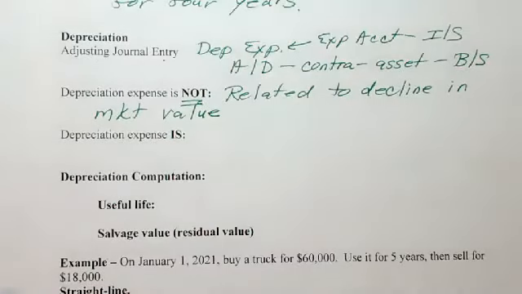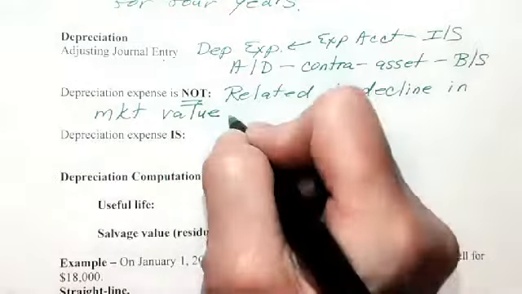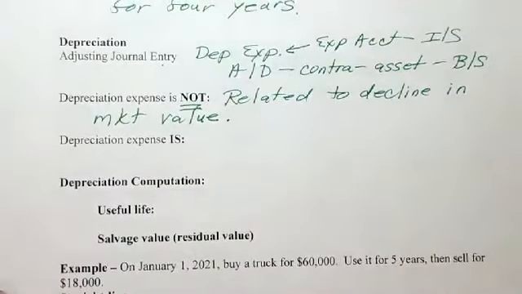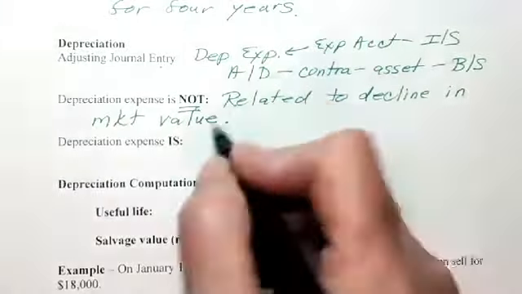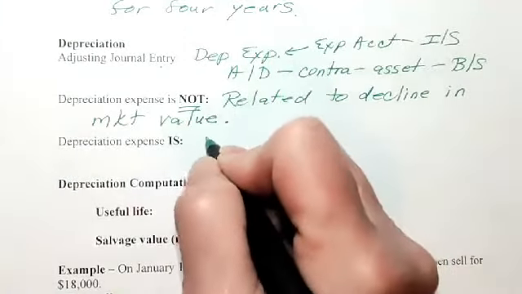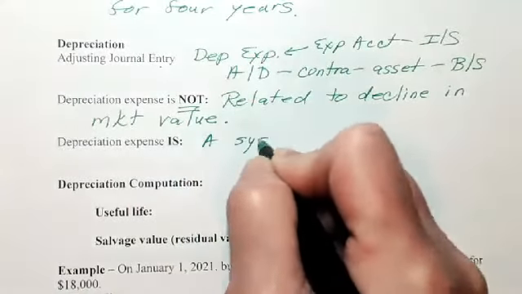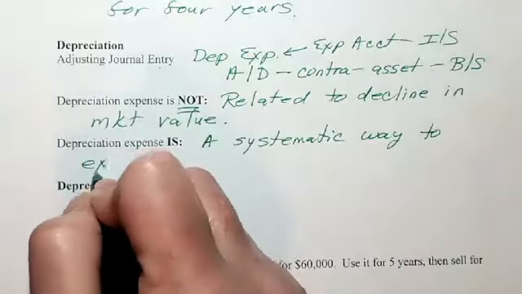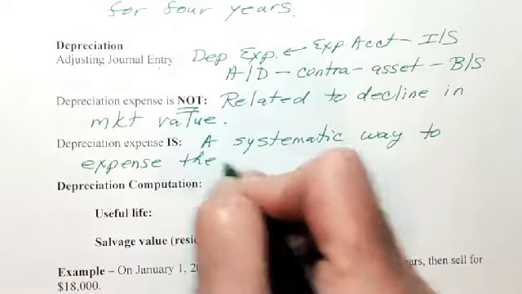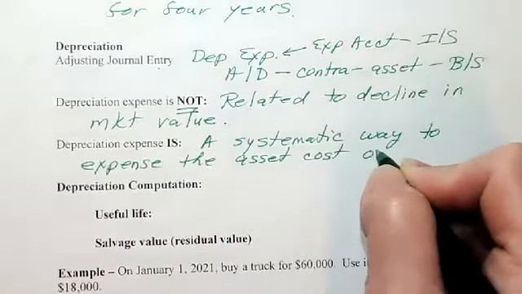It has nothing to do with when you drive your car off the lot, it depreciates by 30%. That's not what it is. All it is is a systematic way to expense the asset cost over its useful life.